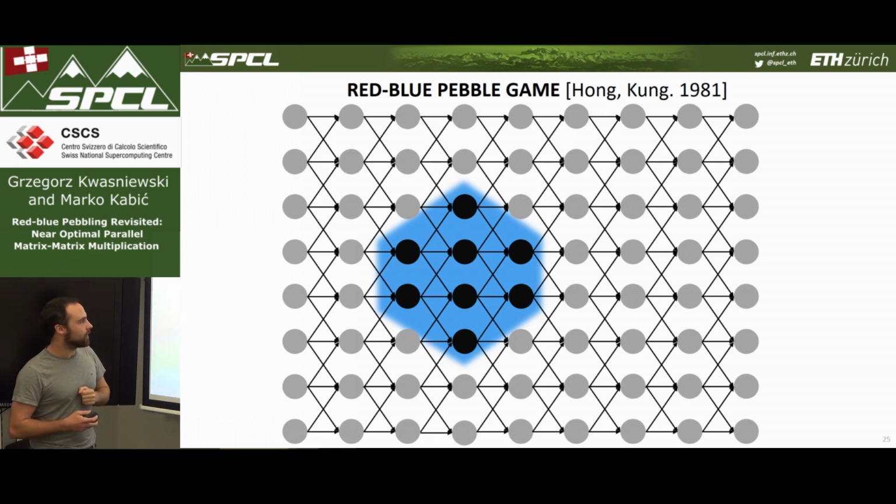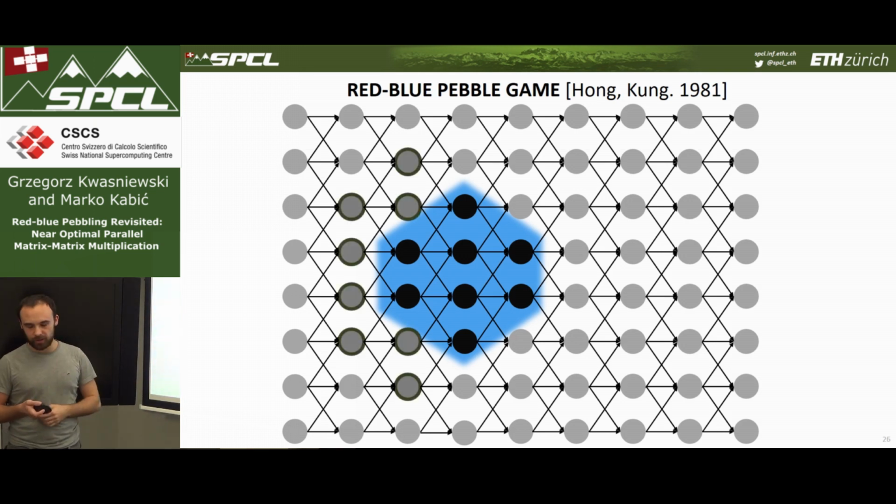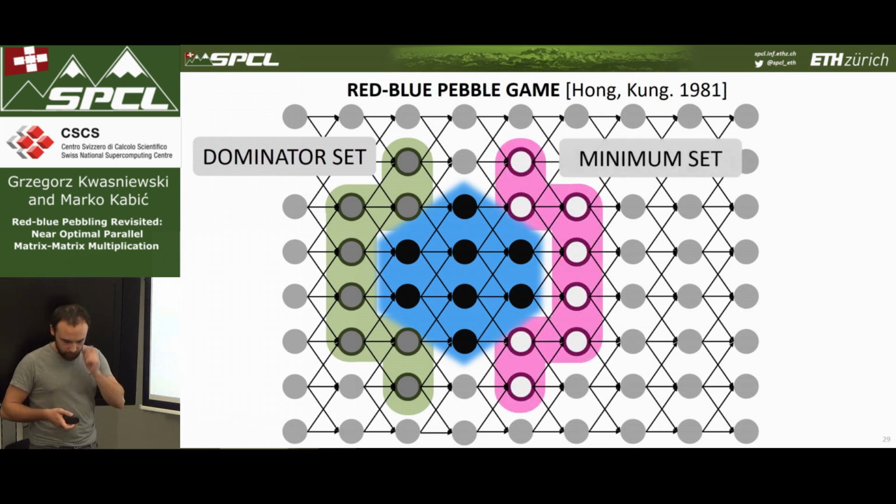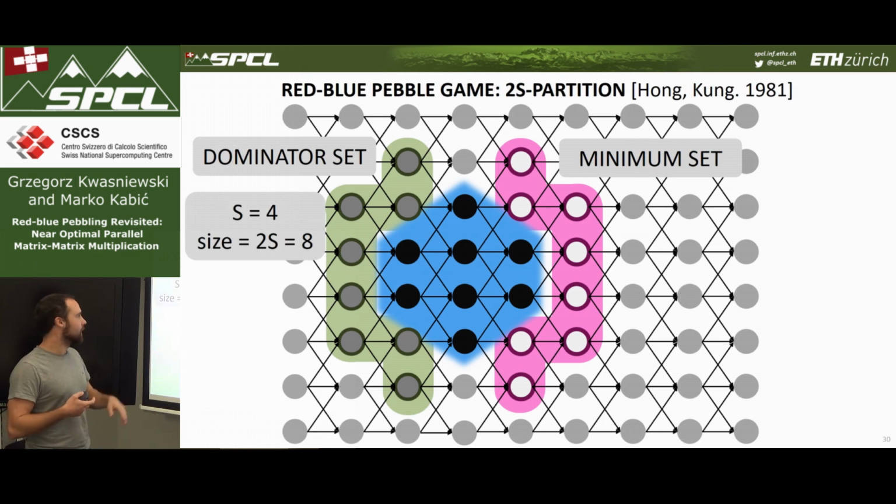Here we have 8 inputs, this is called a dominator set. We have 8 outputs, this is called a minimum set. The original observation was that if the sizes of these sets are 2S, so here if S in this example would be 4, then the sizes are 8.